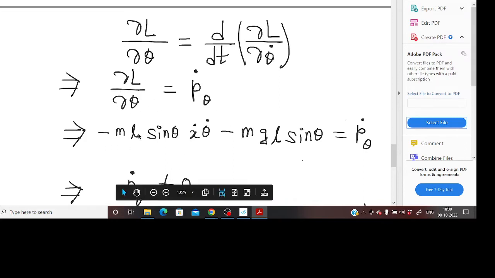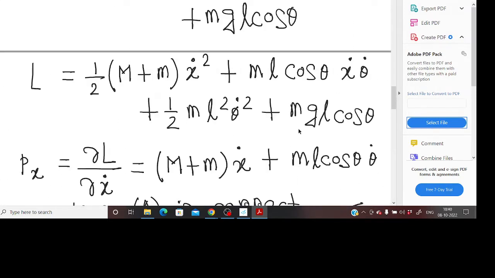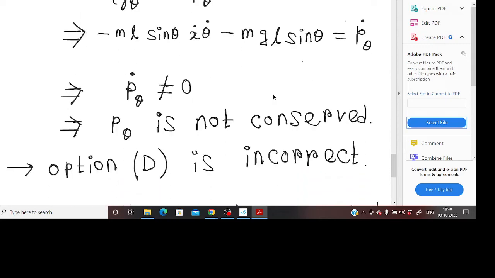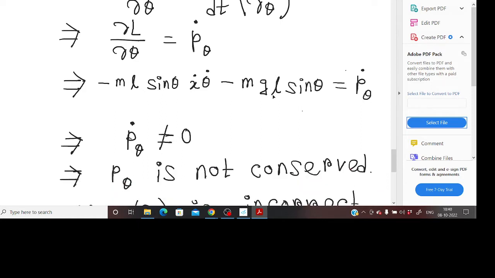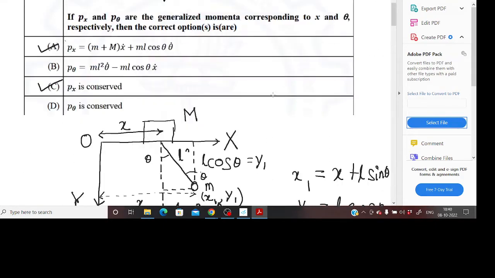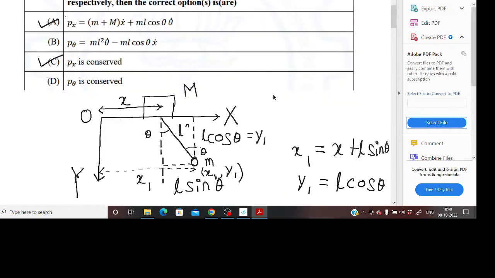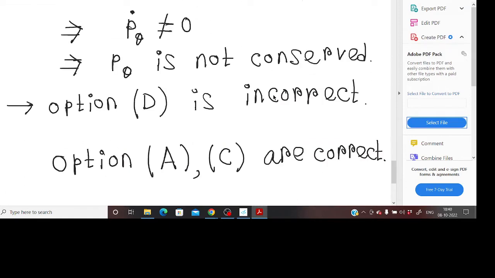And del L del theta is this, because this Lagrangian depends explicitly on theta. So del L del theta is not equal to 0. This means p theta dot is non-zero, so p theta is not a conserved quantity. So option D is incorrect. In option D we have p theta is conserved, so option D is not correct because p theta is not a conserved quantity.